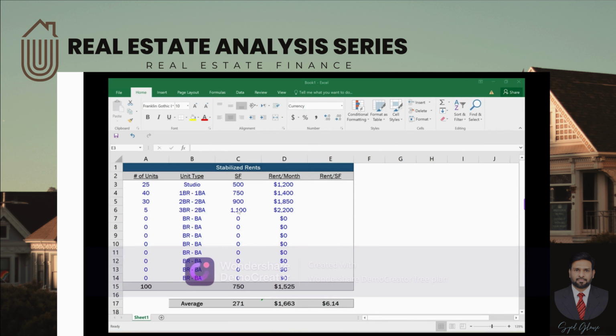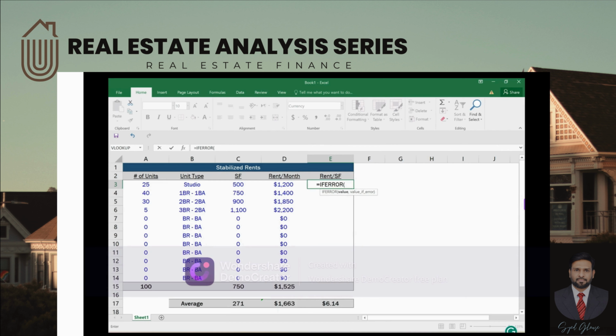Now, let's calculate rent per square foot. This tells us how much rent each unit type generates per square foot, which is great for comparing efficiency across units. The formula is very simple: rent per month divided by square feet. Let's do it for each unit type. I am using the IFERROR formula just to make this model error free for the zero values.